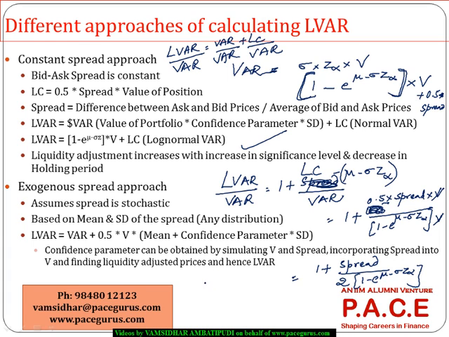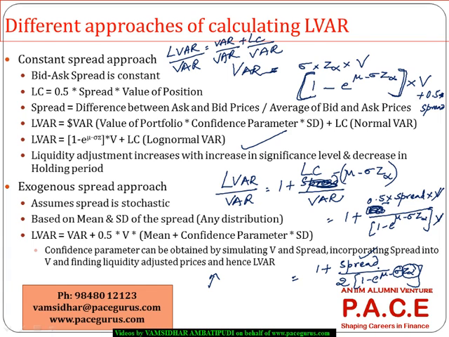LVaR by VaR, which is the contribution of liquidity to the overall VaR, increases if the spread increases, if the confidence level decreases, and if the holding period decreases. This kind of thing we need to understand while computing the LVaR. But in this entire thing, we are making an assumption that the spread will not change at all.